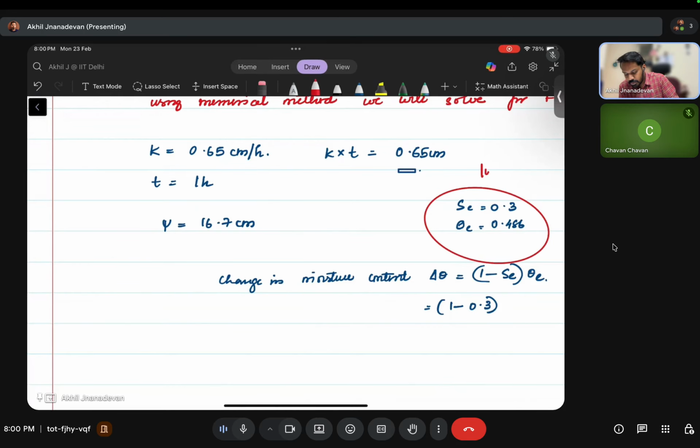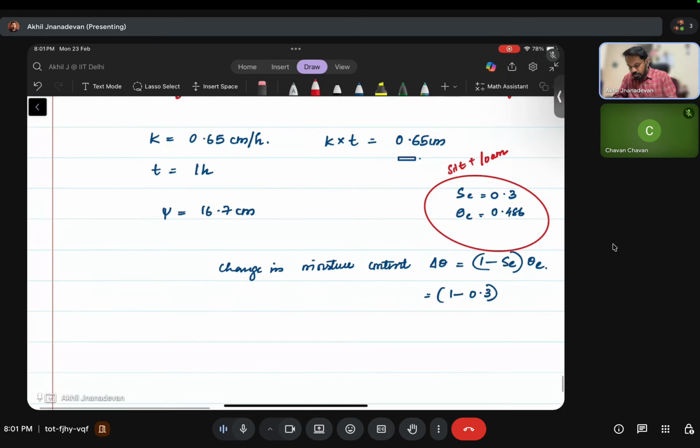These are fixed values for a silt loam soil; different soil textures have different fixed values. So we can directly substitute and find the change in moisture content, which comes to around 0.3402.